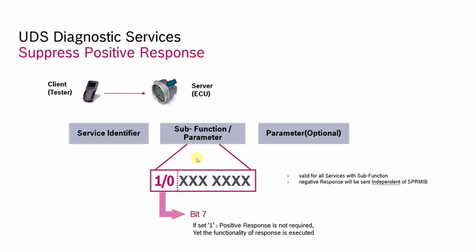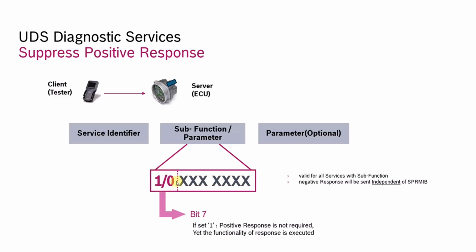Suppose 00 is some subfunction and I don't have any parameter. So I'll send only the service identifier followed by the 00 subfunction, and I'll receive the response. If I want to suppress the positive response, what do I have to do? The seventh bit will be set to 1.